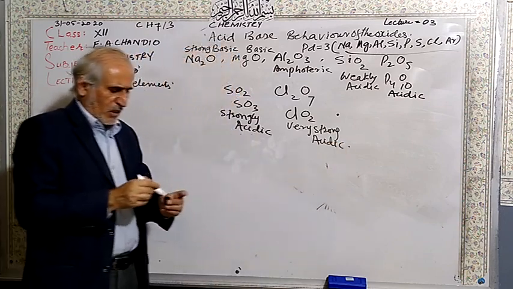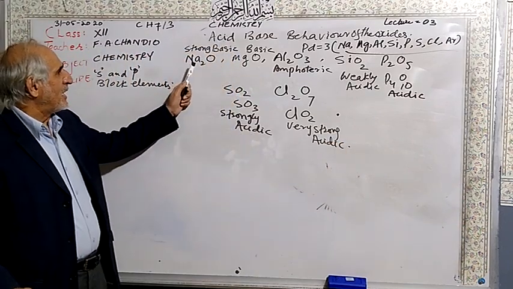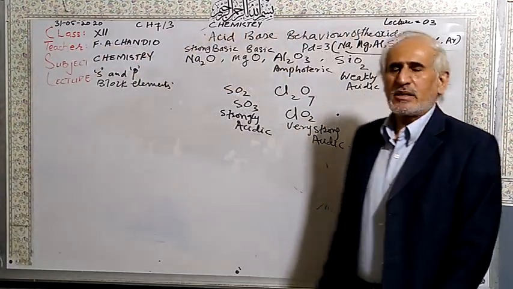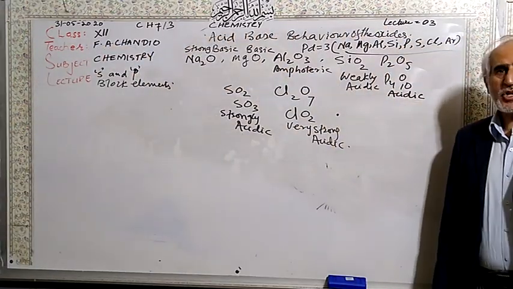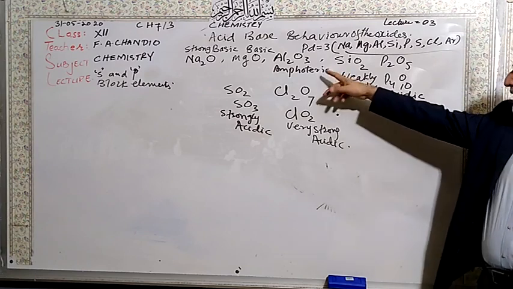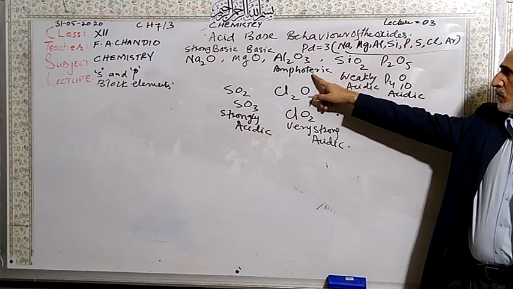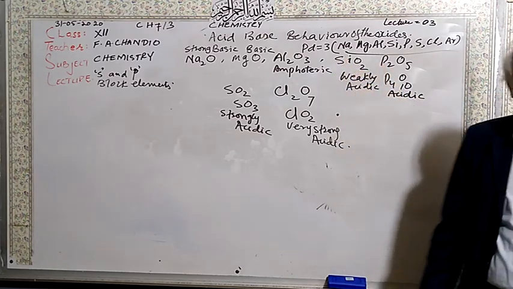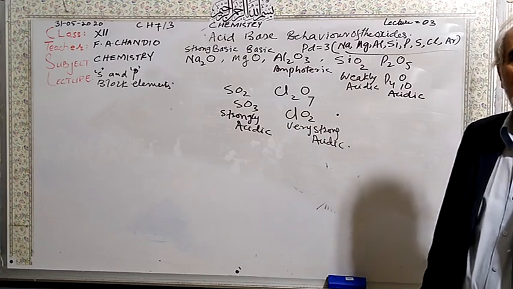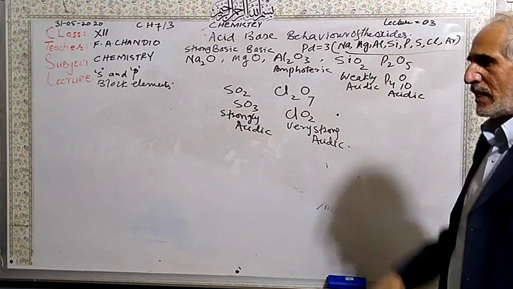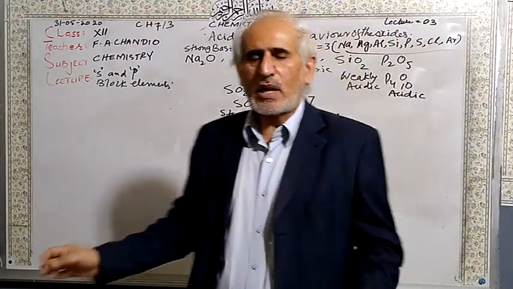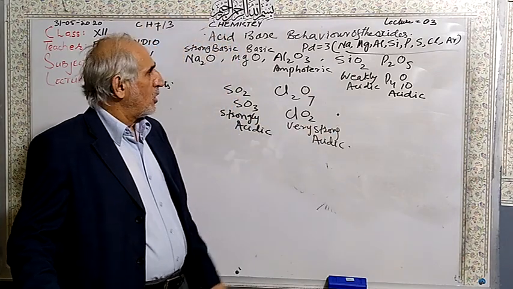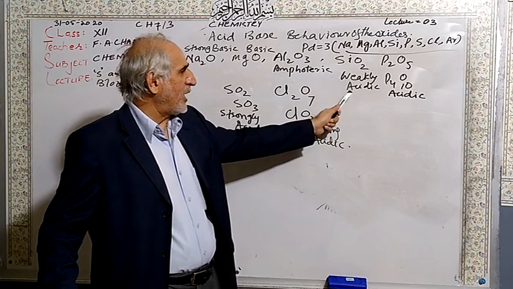Like this. So if you see the trend, basic character of their oxides decreases up to magnesium. Aluminum oxide is amphoteric nature. Then acidic starts, because non-metallic character starts from silicon. And non-metallic character increases because more electrons are present in the valence shell, 4, 5, 6, 7. So that is why silicon dioxide is weakly acidic.